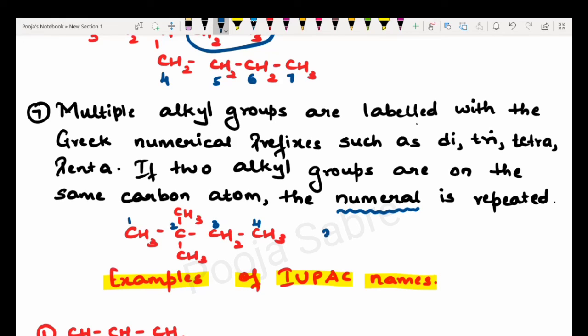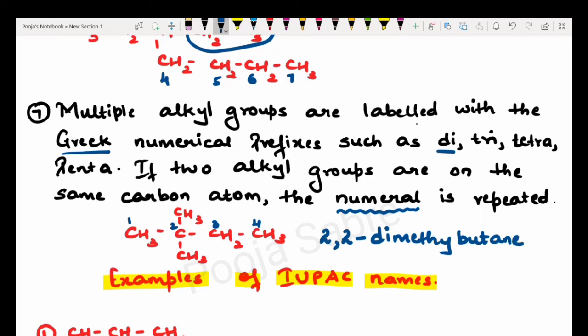So in this case, the position of methyl group is 2, 2, and the Greek prefix I'm going to use is di. So the naming will be 2, 2 dimethyl butane, since 4 carbon are present, and ANE since single bond compound is present.